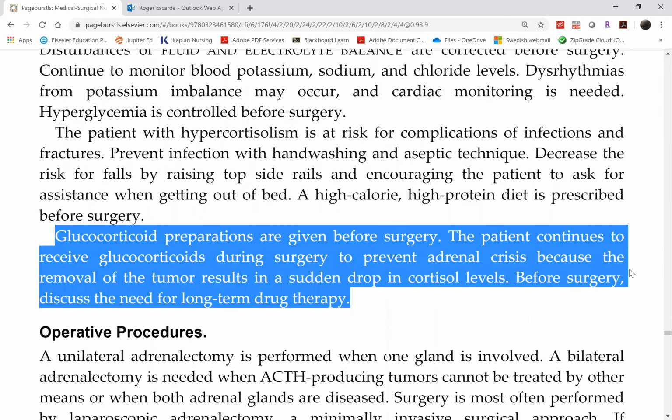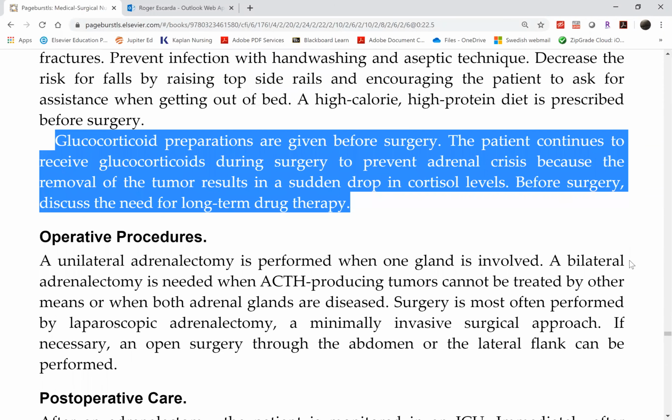Glucocorticoid preparations are given before surgery. The patient continues to receive glucocorticoids during surgery to prevent adrenal crisis, because the removal of the tumor results in a sudden drop of cortisol levels. Before surgery, discuss the needs for long-term drug therapy.